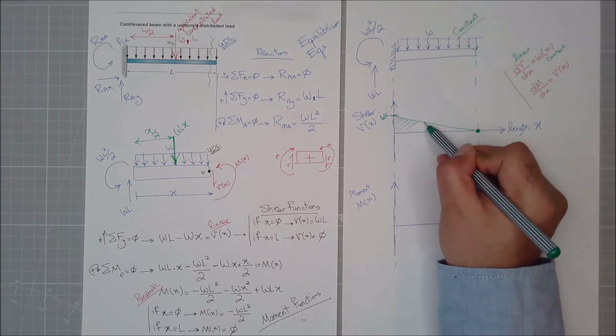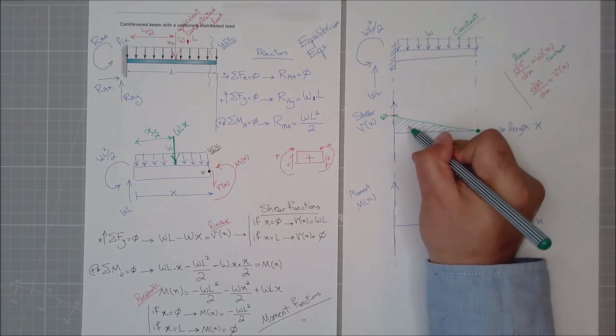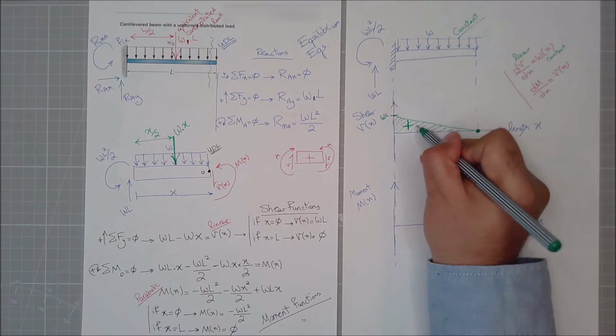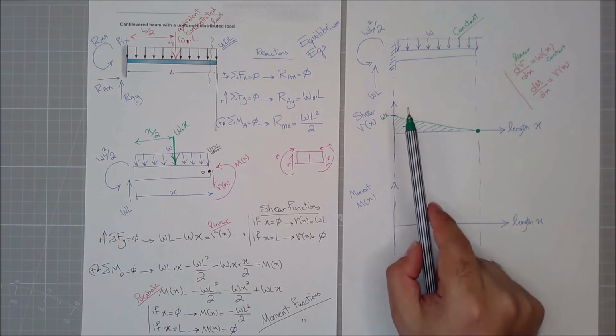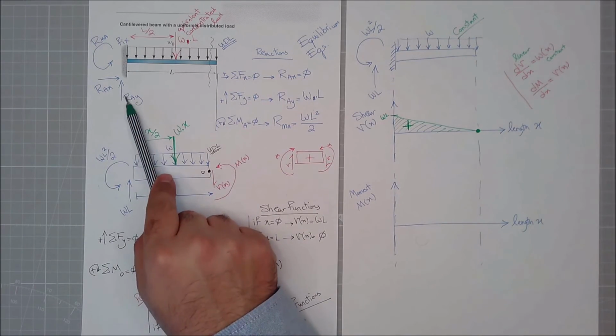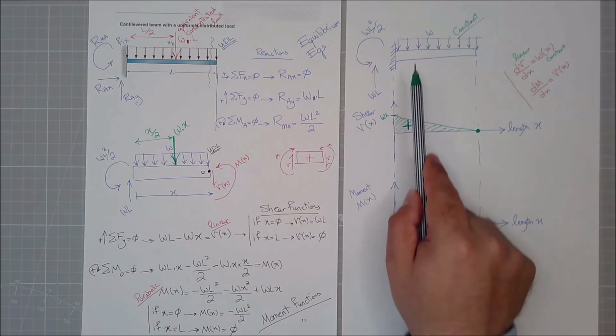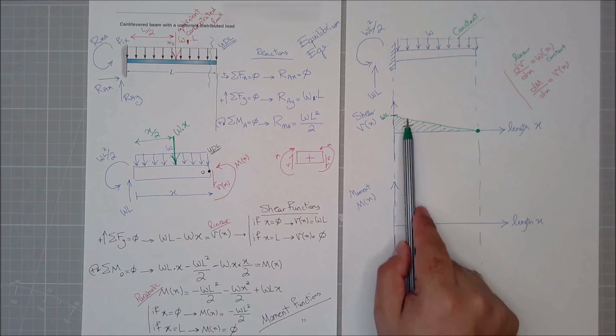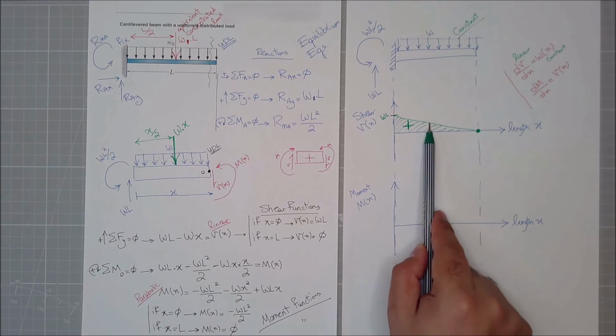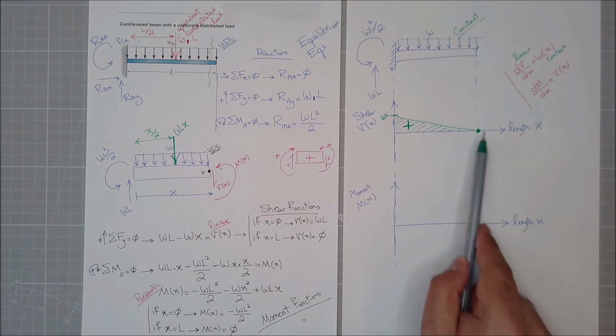Is it on the positive side? Yes. So I put a positive sign on it. And if I look at the curve as well, it says the reaction over here is pushing me omega L upward. And then there is a distributed load, so constantly my shear goes all the way to the free end.